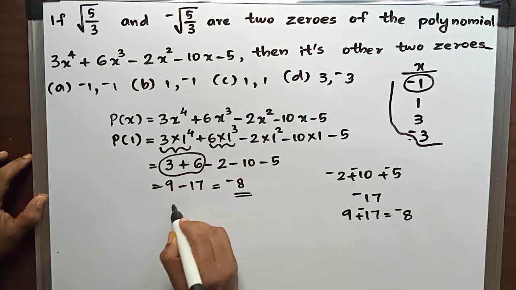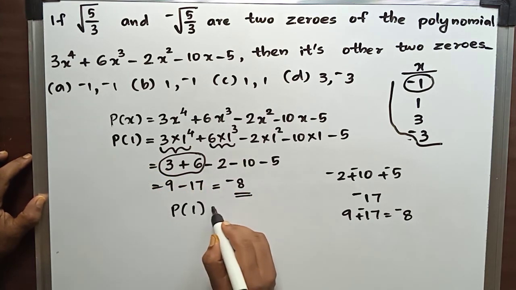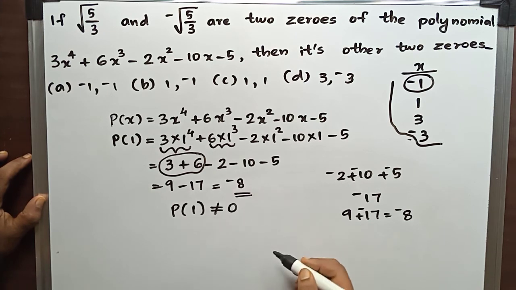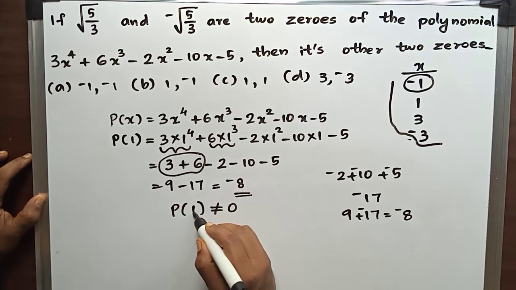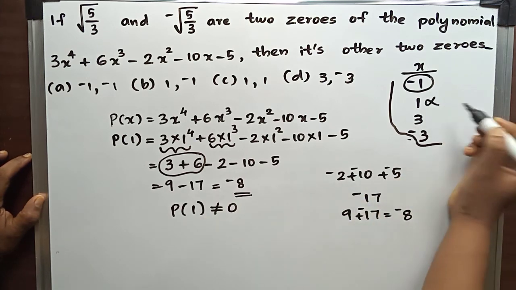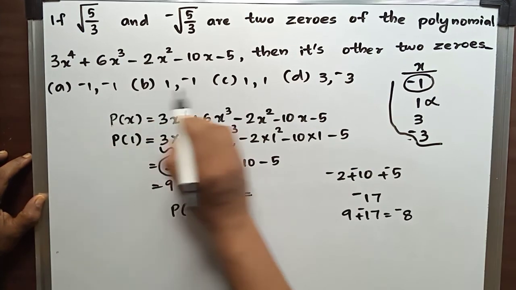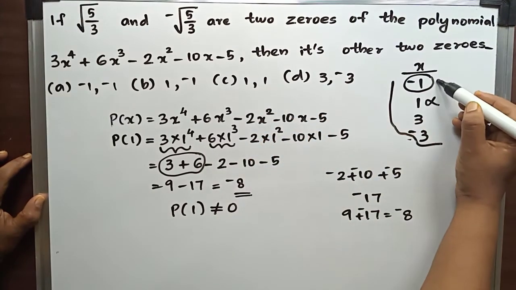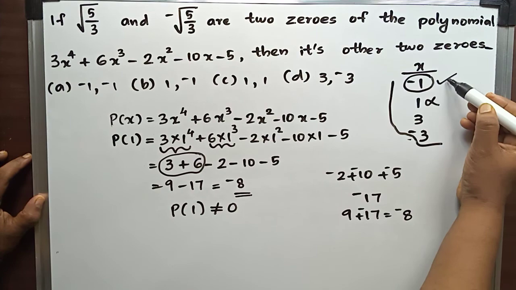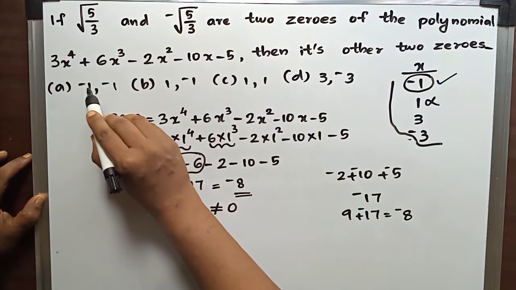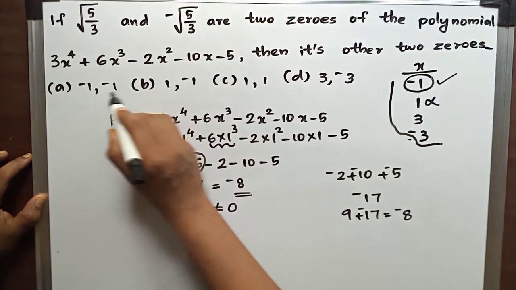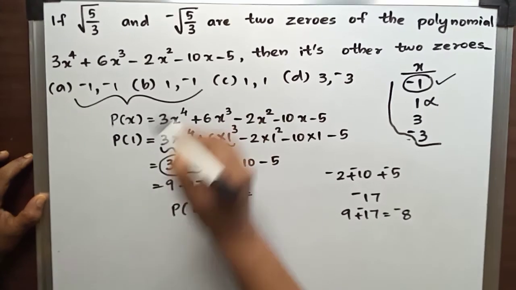Anyways, we got P of 1 is not equal to 0. That means 1 is not a zero of the polynomial. Now check the options. Minus 1 is one of the zeros of the polynomial and minus 1 is included in these two options.